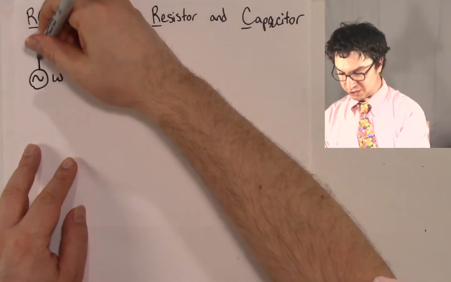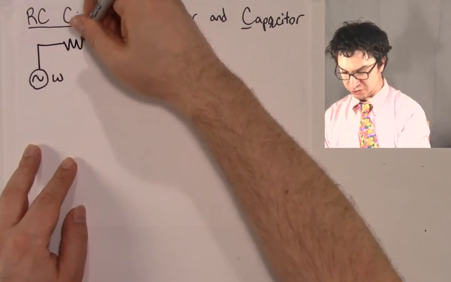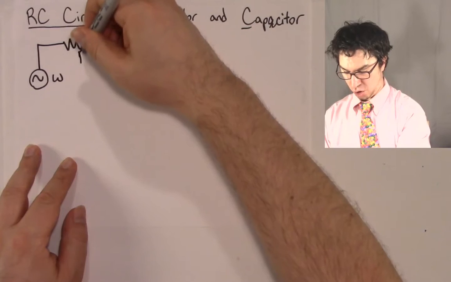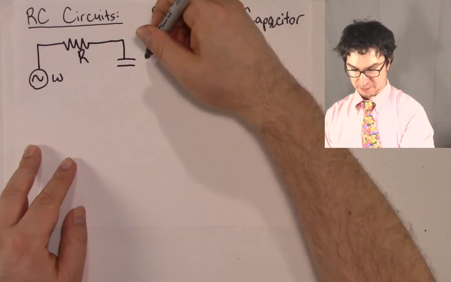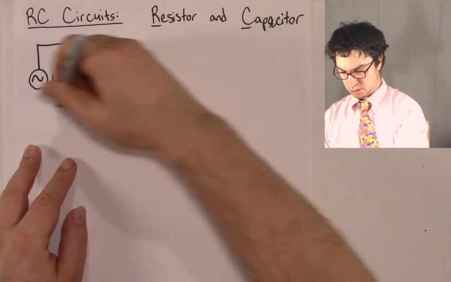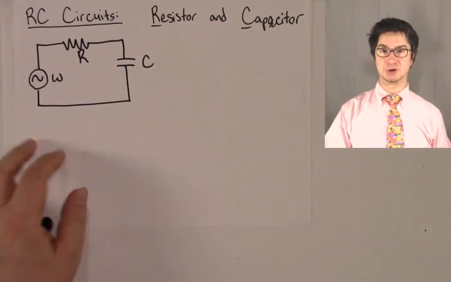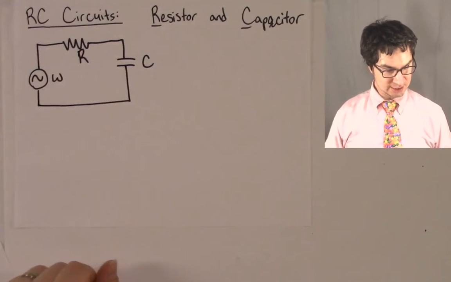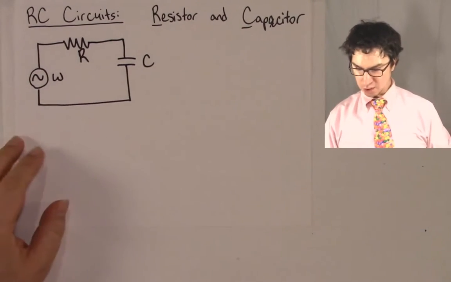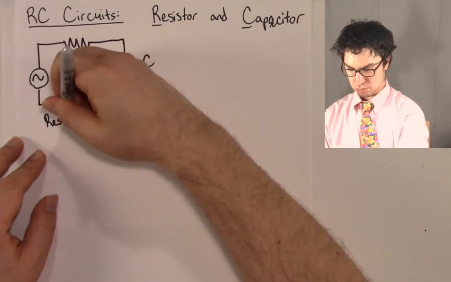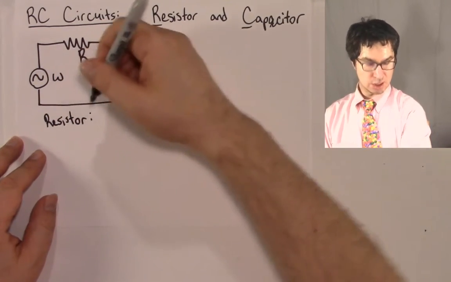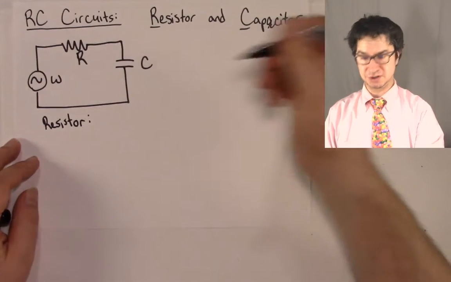Then we're going to have a resistance from the resistor. I'm going to label that R. And then we're going to have a capacitor of capacitance C in our RC circuit. All right. Now, let's talk about what we have here. We've got a resistor. And what does it do? It provides resistance.